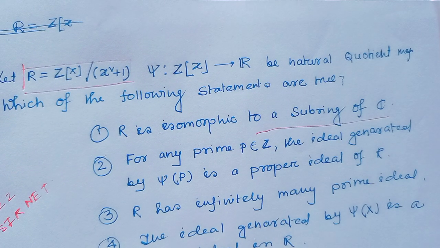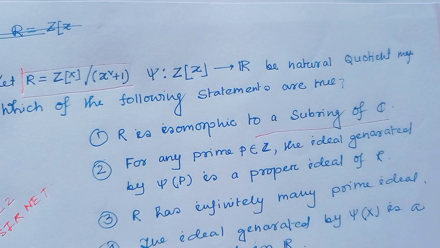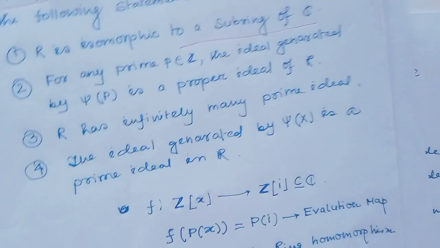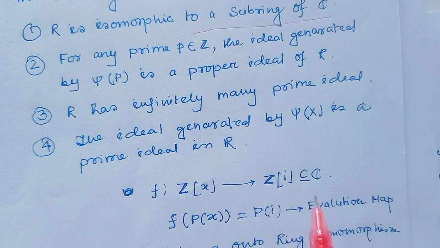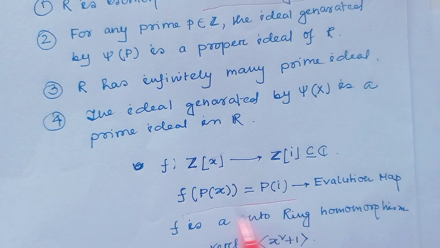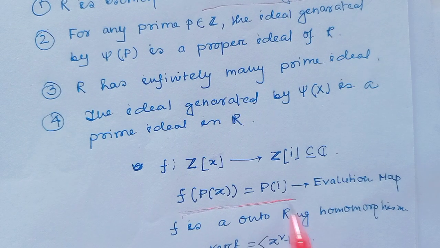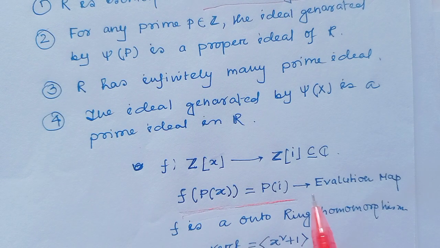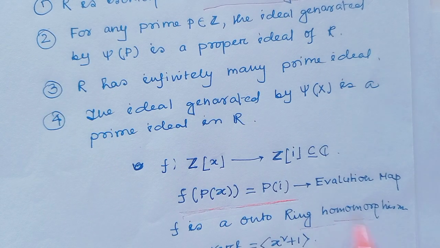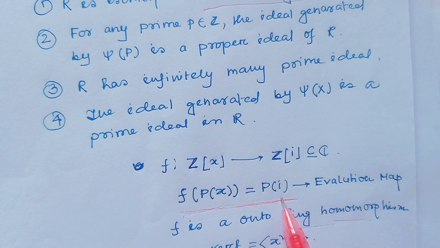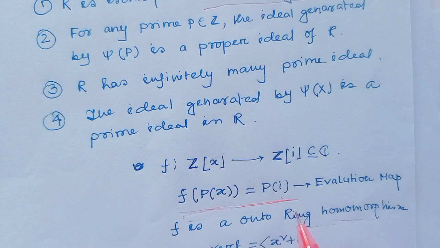For this, consider one mapping f from Z[x] to Z[i] such that f of p(x) equals p(i). This is the evaluation map, since here we evaluate at the point i. Obviously, this is an onto ring homomorphism. Check it on your own; in my previous video, I have discussed this type of question elaborately.